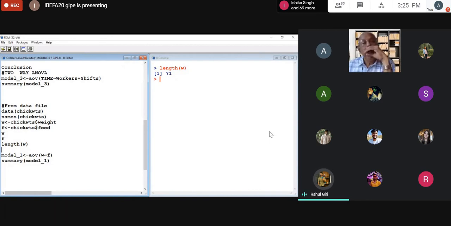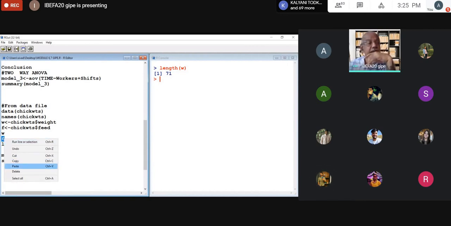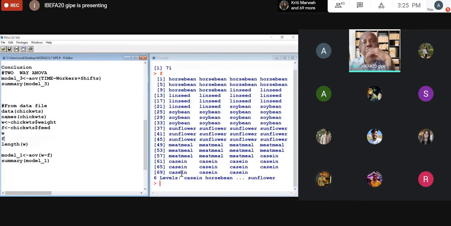If 71 observations are classified into 6 types of food, we count the levels. If there are a lot of groups, how do we check how many there are and what they are? We could scroll down. Can we not get levels directly? Try it and see.